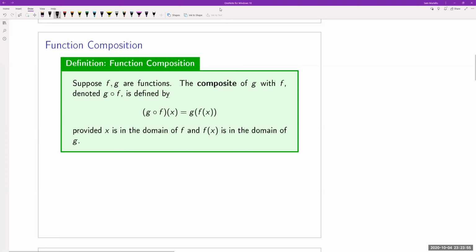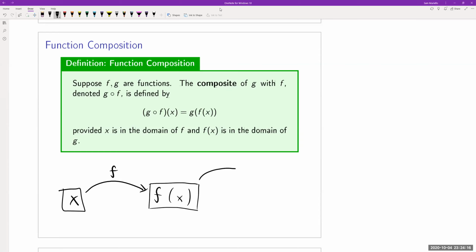What this looks like is if I have a function f, let's actually do it this way. So let's say I have a function f that works on a variable x and turns it into f of x.